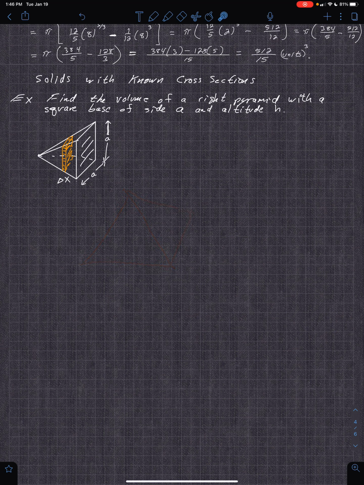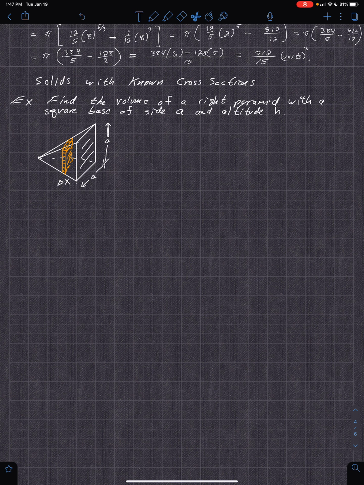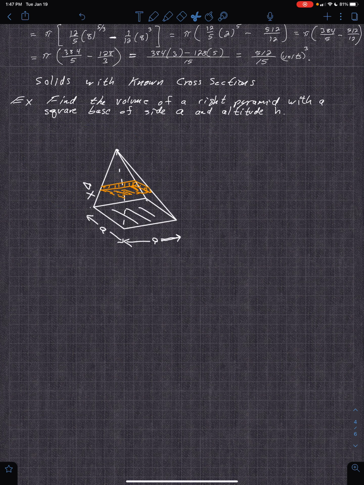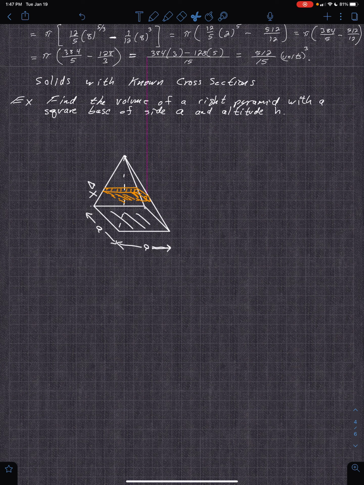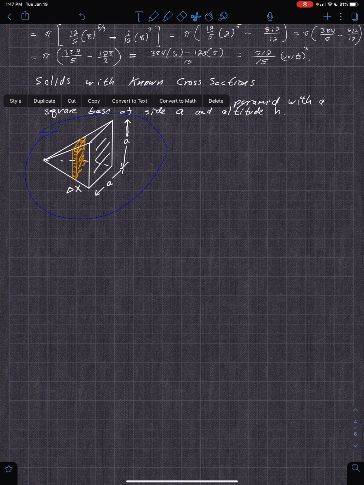It turns out, you could take this thing and put it like this, and it might look like a pyramid, right? But it's easier to do this on the side, like that.